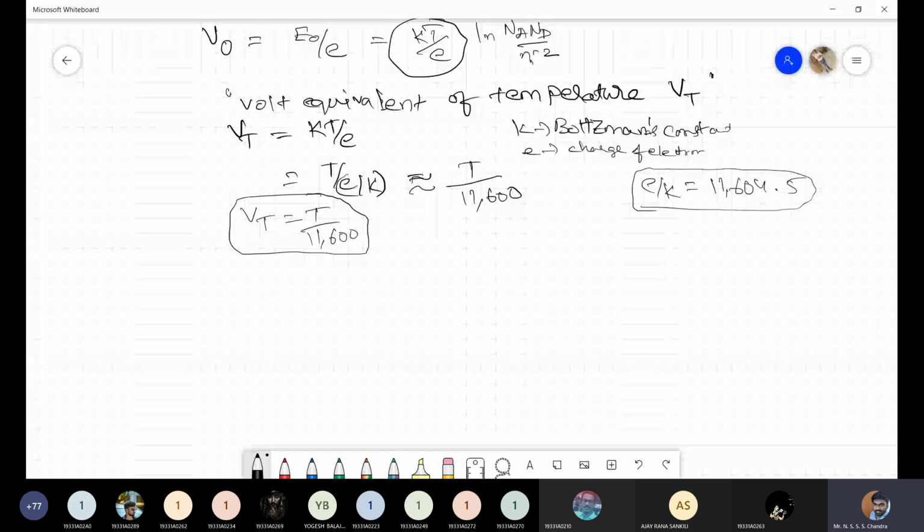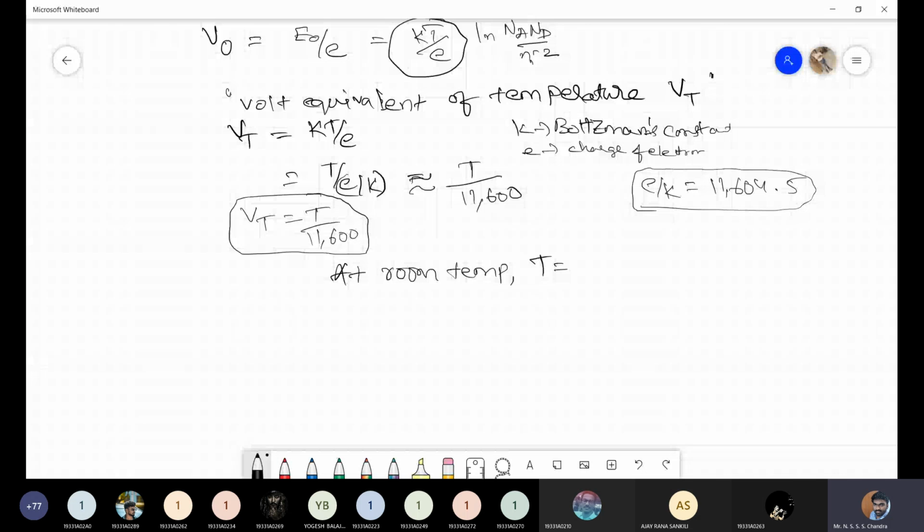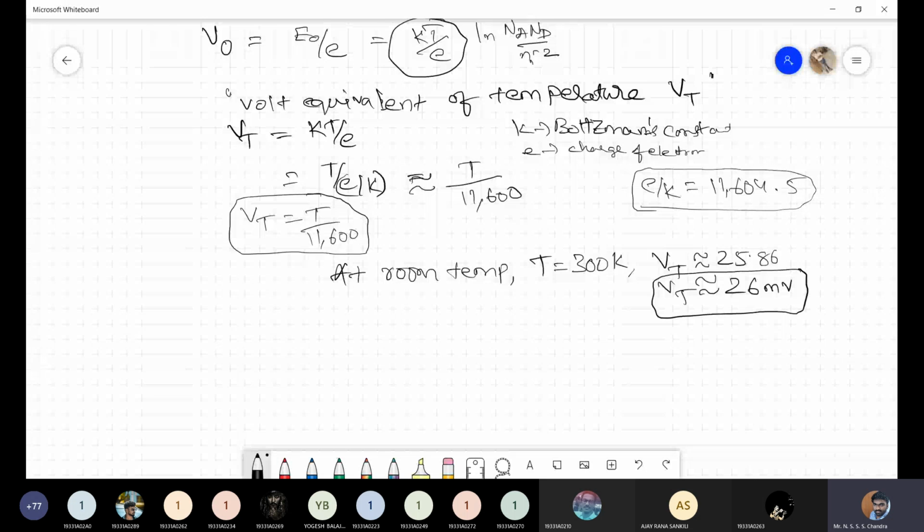So at room temperature, T equal to 300 Kelvin, you will get Vt around, I'm getting 25.86 something. In your textbooks you will be shown that Vt is nearly equal to 26 millivolt. So at room temperature your volt equivalent of temperature is nearly equal to 26 millivolt.